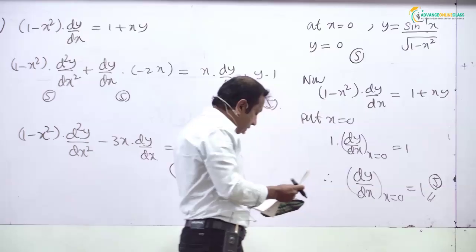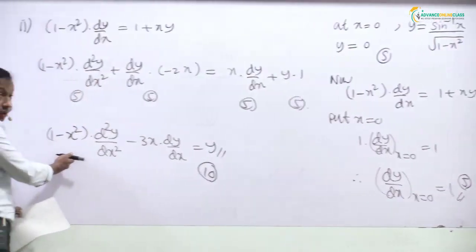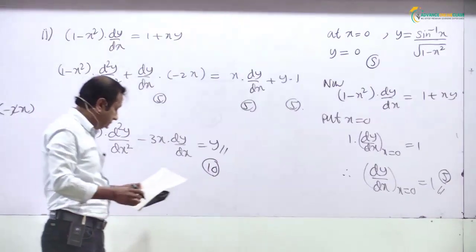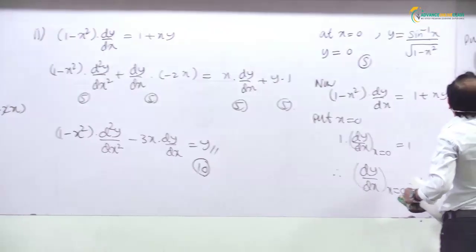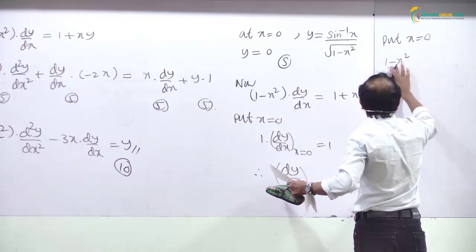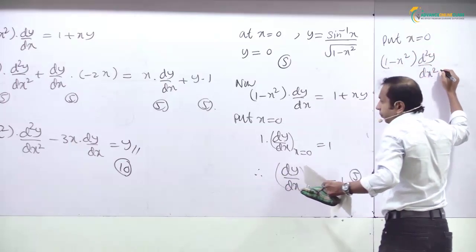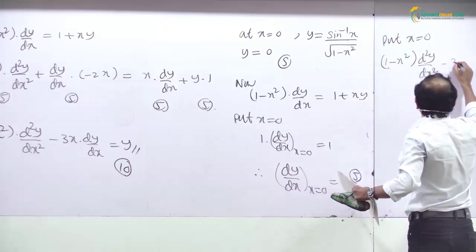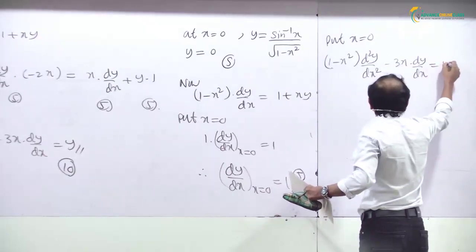Right. Secondly, we put x equals 0 here. In this one: 1 minus x squared, second derivative, minus 3x dy over dx equals y.